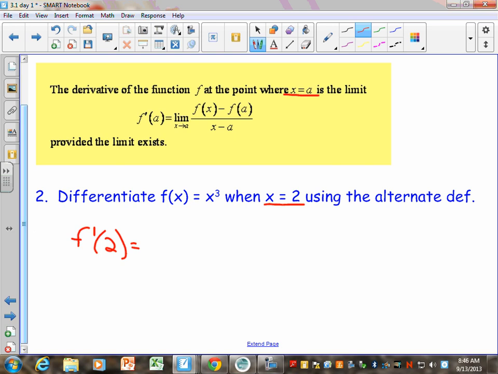Notice the reason that people like this definition is there's no x plus h, so you don't have to cube that whole thing out. That's where people like this better. I'll write out my formula. I'm going to take f of x minus f of 2, all over x minus 2.